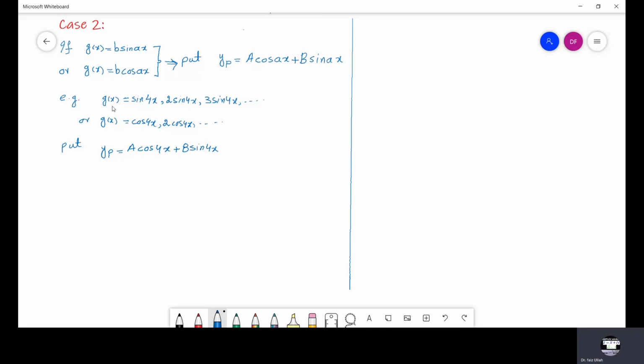For example, if g of x is equal to sine 4x, or 2 sine 4x, or 3 sine 4x, and so on, or g of x is equal to cos 4x, or 2 cos 4x, and so on, we shall put yp is equal to a cos 4x plus b sine 4x.